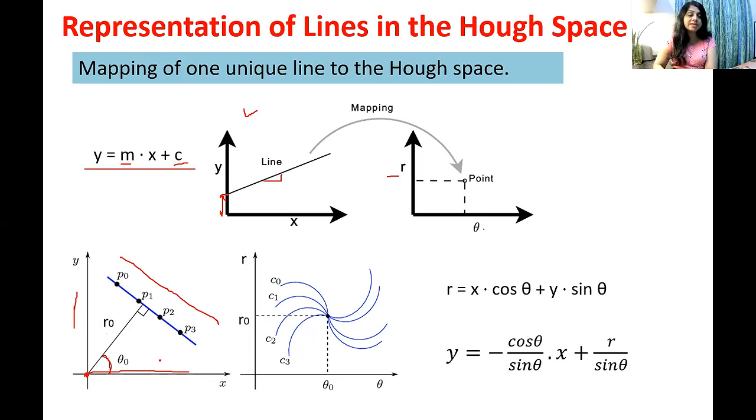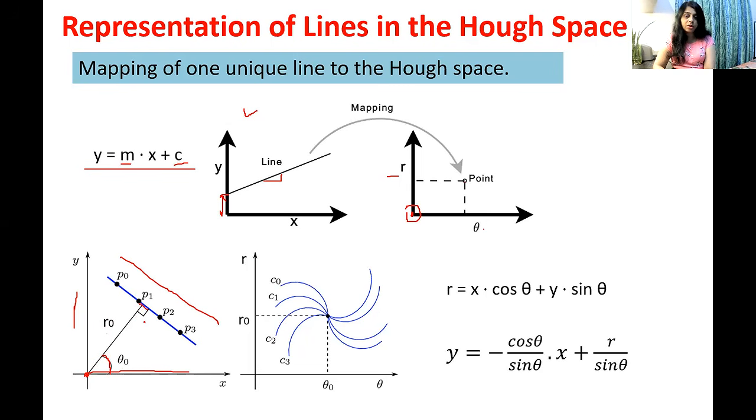And the distance of the line from this 0 coordinate is the minimum distance and it is the r0 value. So theta 0 is the angle made by the x-axis and the perpendicular to the line, and the minimum distance between the origin and this line, that means r, is r0.